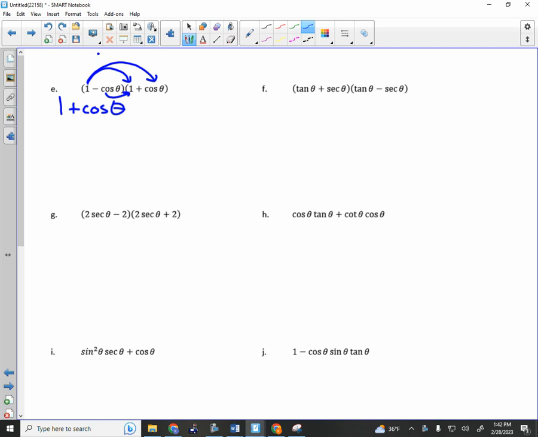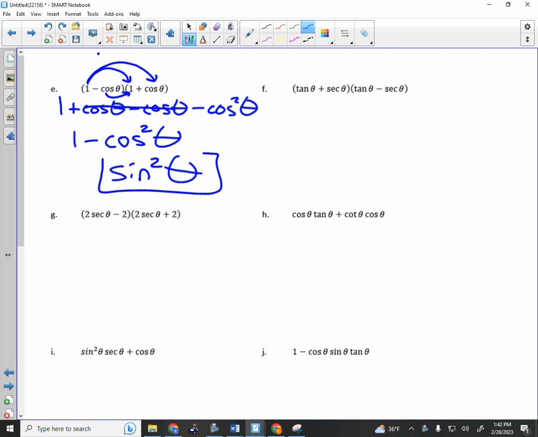Negative cosine times 1 is negative cosine. And negative cosine times cosine is negative cosine squared. Because they are conjugates, the middles cancel, and I get 1 minus cosine squared, which is sine squared of theta.